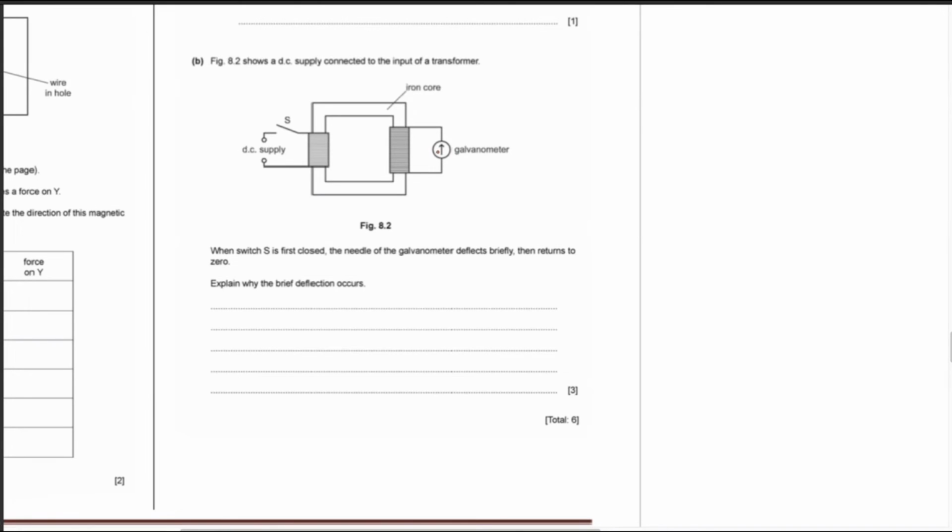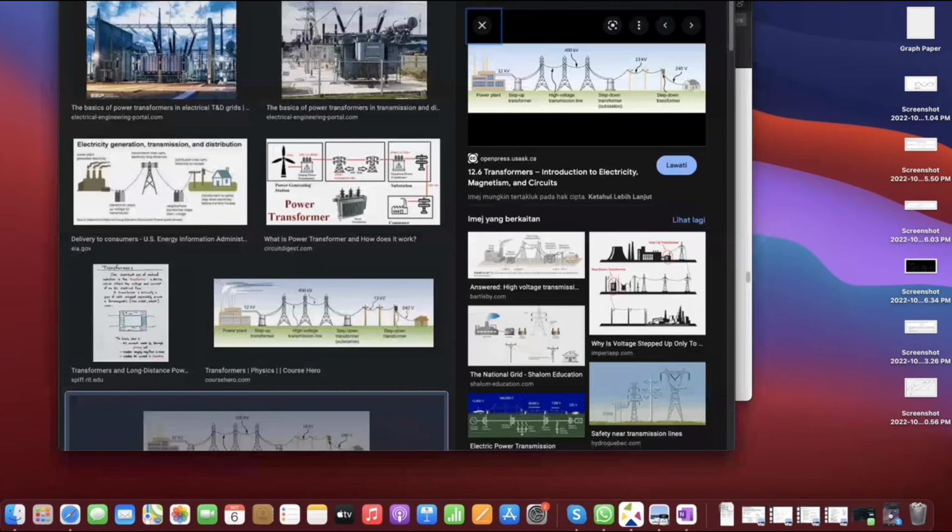Galvanometer, right? Make sure you know something like this. Let me show you the actual pictures of a galvanometer. You will get some idea. Okay, let's take a look. If you look at the pictures, you understand that the needle is in the middle when there's no current.